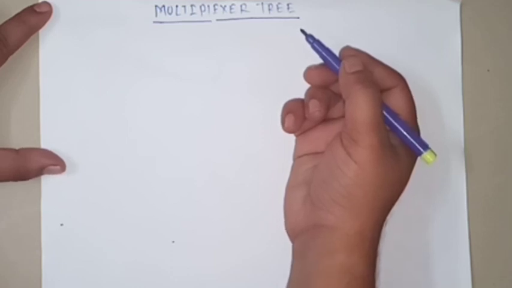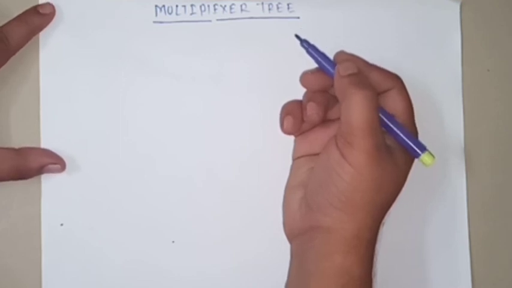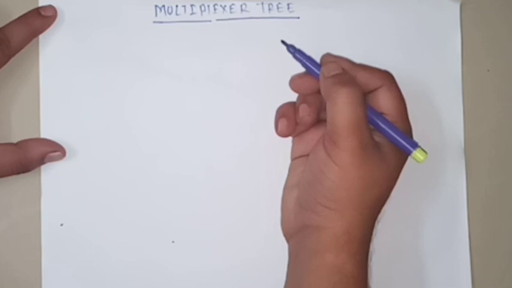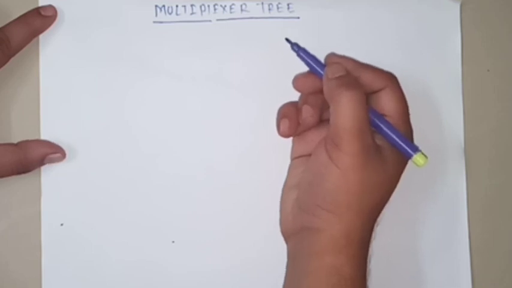For example, we will design the 4:1 multiplexer using 2:1 multiplexers. Similarly, we will design the 8:1 multiplexer using 4:1 multiplexers or 2:1 multiplexers.